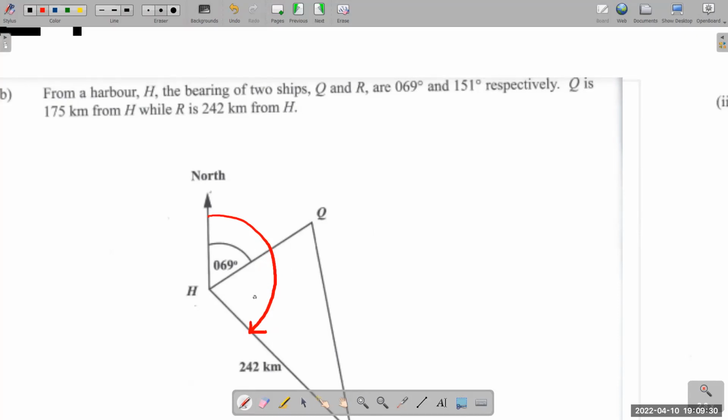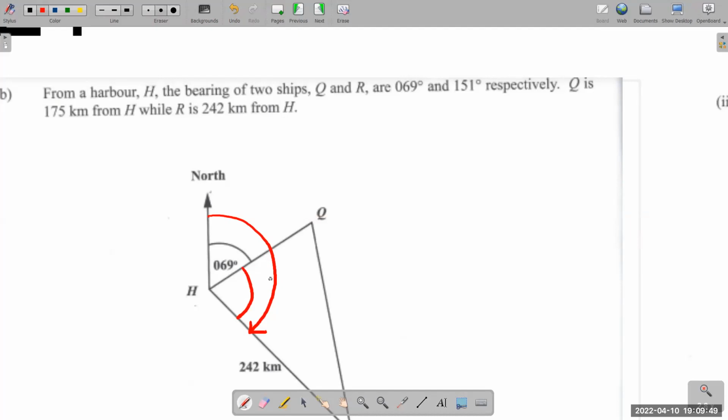Now let me ask this question. What is this angle in here then? What would you do? Excellent, to subtract. Everybody see that?